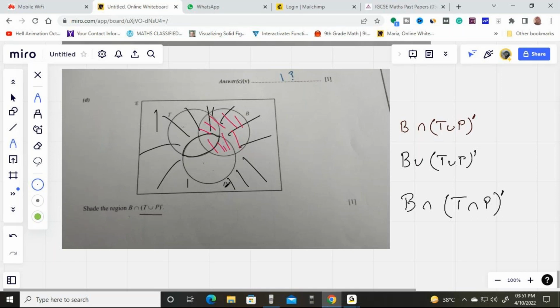Now the region that contains both black and pink lines is actually this region. This region contains B as well as T intersection P whole complement.